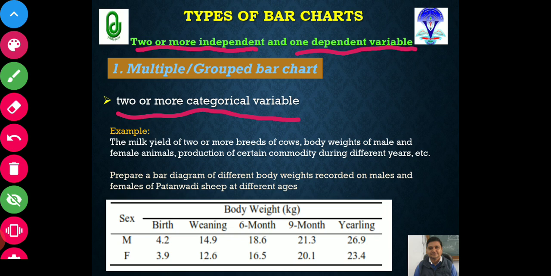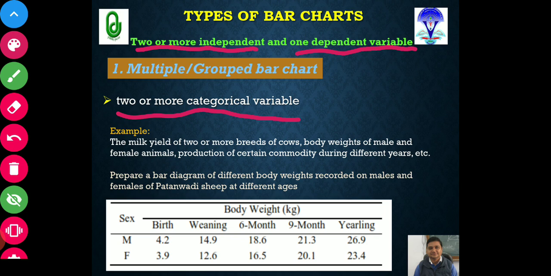Body weights of male and female; here male and female is the categorical variable. Production of a certain commodity during different years; the different types of commodity will be the categorical variable.